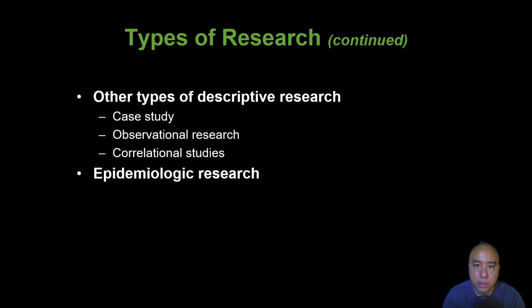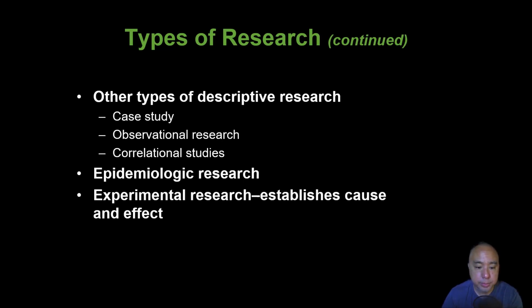Epidemiological research is filled with a number of case control studies and correlational studies, where we're trying to find the relationship with certain risk factors such as cholesterol level or heart rate or BMI to certain diseases such as cardiovascular disease, obesity, diabetes, etc. Most of the work that we do in kinesiology is experimental in nature, meaning we actually control the independent variable and apply a certain intervention to our participants.